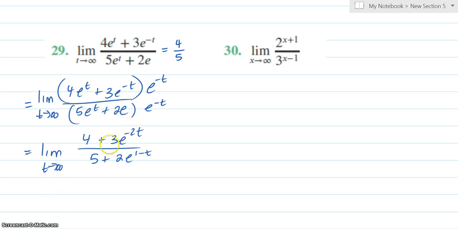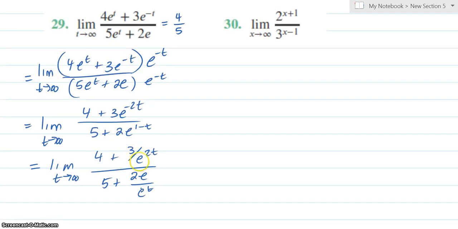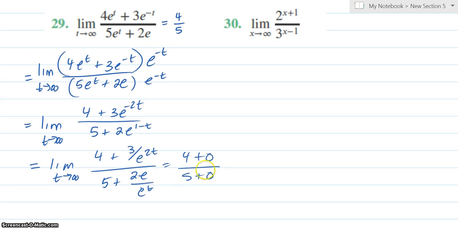And you can see this is like saying 3 over e to the 2t. And then this one, I'm just going to change that to e to the 1 over 2t. As you can clearly see, this is going to go to 0. And this one is going to go to 0. So the answer is 4/5, just like we thought.